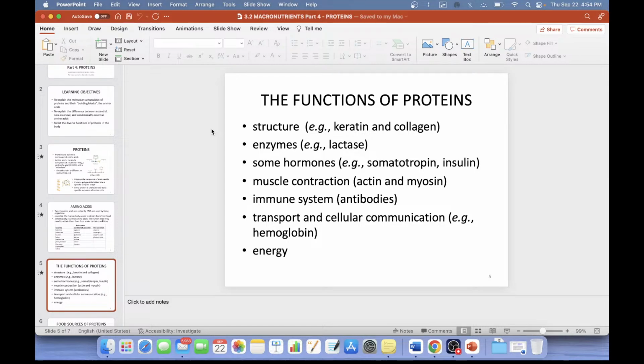Some proteins are responsible for transport and cellular communication, so the transport of other substances or communication between cells. For example, hemoglobin, which is in red blood cells, is the molecule that transports oxygen to the cells. It's an iron-containing protein. And finally, proteins can be used by cells as fuel, as sources of energy when needed.